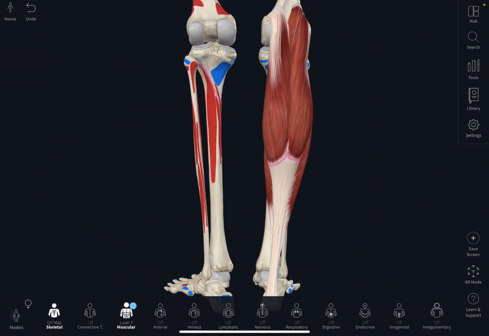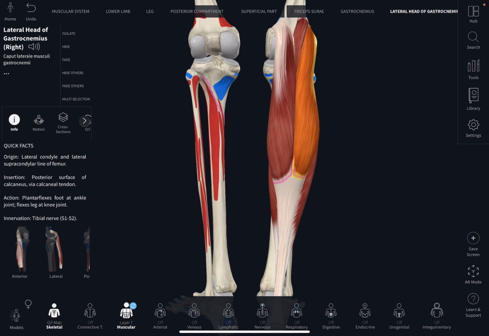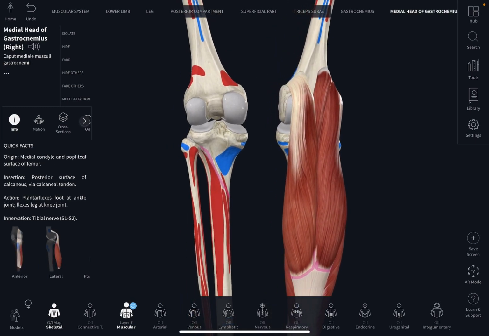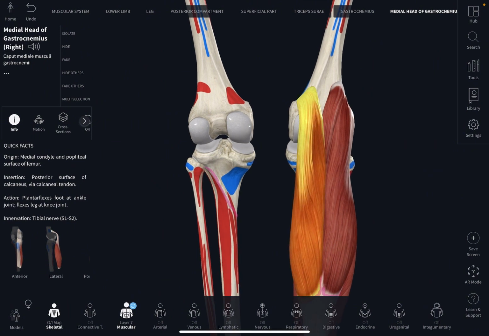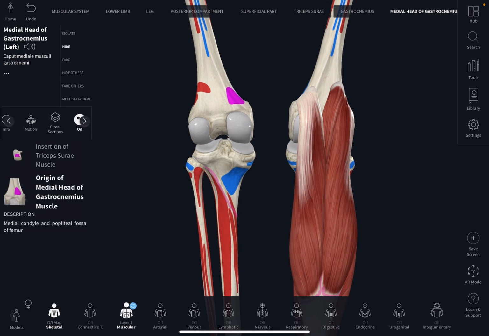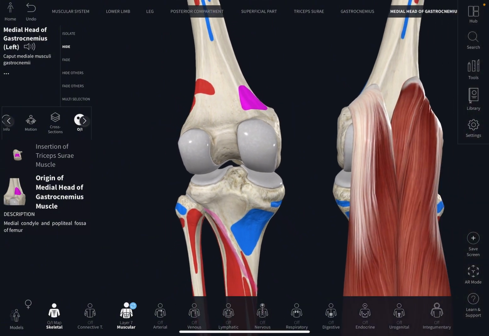So let's start off with the gastrocnemius. We're going to have a medial and lateral head, my bad. The medial head is going to attach itself to the medial condyle of the femur, and is also going to originate a little bit in that popliteal fossa.